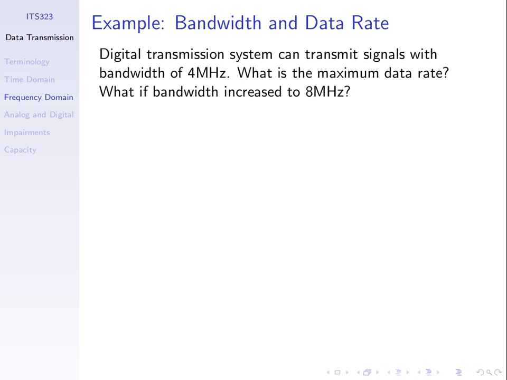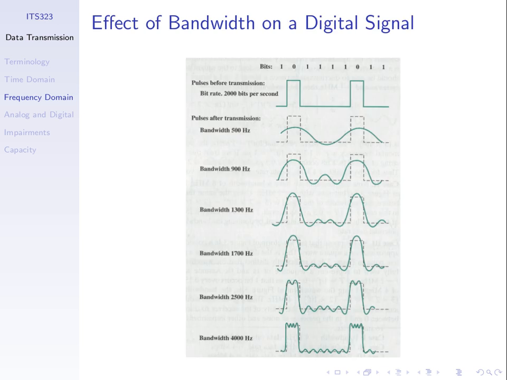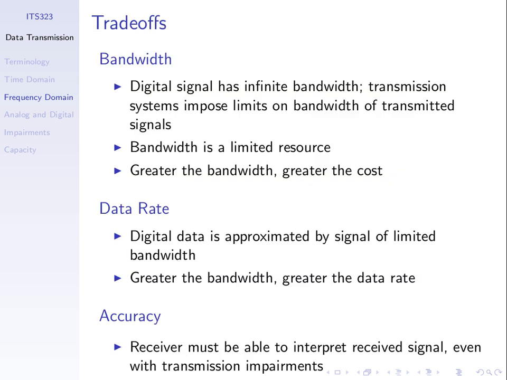And we showed these trade-offs. We need to choose between bandwidth, data rate, and accuracy. We want to minimize bandwidth because the greater the bandwidth, the greater the cost. Therefore, we want to minimize the bandwidth.